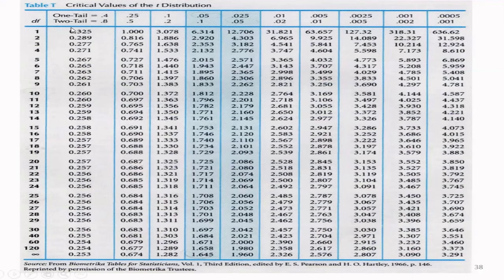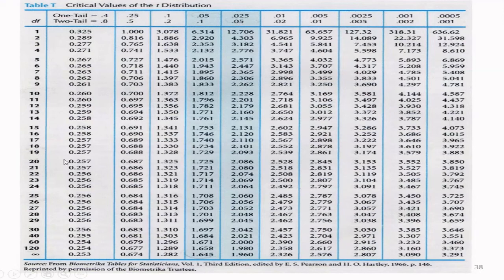For two-tail, we would have to divide the level of significance by two, as I told you, but here it is already divided, so it will be 0.05.